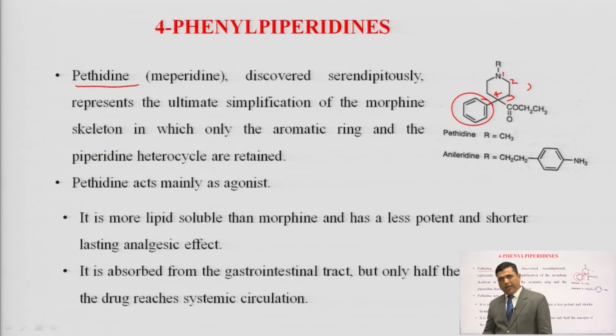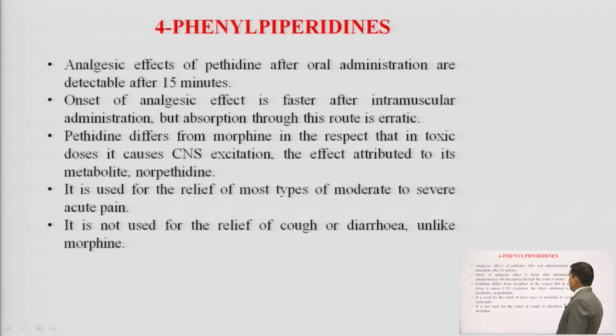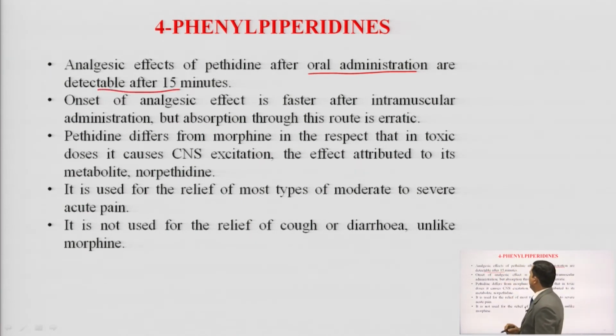Pethidine acts mainly as an agonist, is more lipid soluble than morphine, less potent, with shorter analgesic effects, and is absorbed from the gastrointestinal tract. After oral administration, its analgesic effect is detectable after 15 minutes. The onset of action is faster. What is the difference between morphine and pethidine?